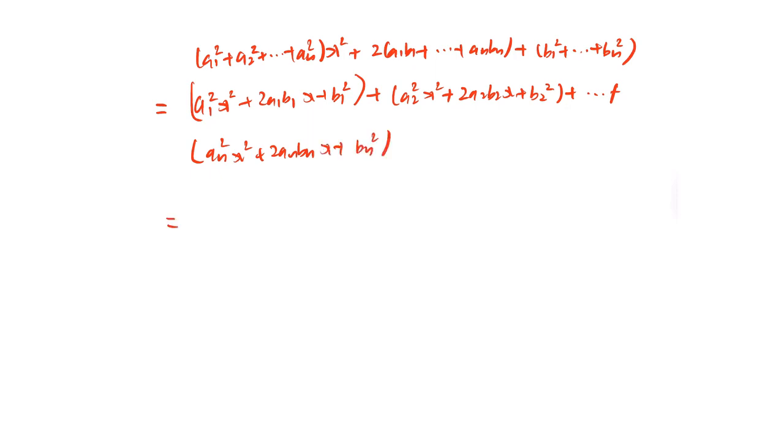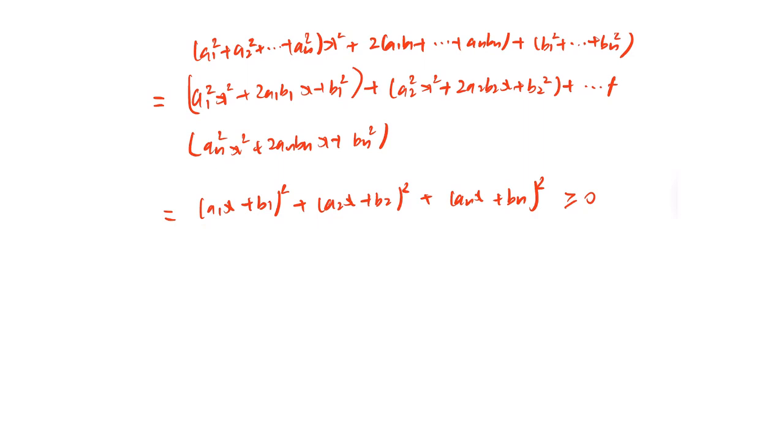And this would be equal to (a1x plus b1) squared plus (a2x plus b2) squared plus all the way up to (anx plus bn) squared. And this will simply be larger or equal to 0.